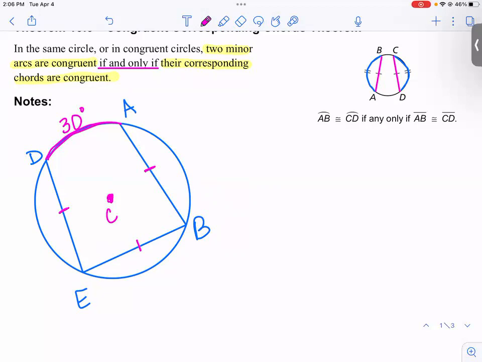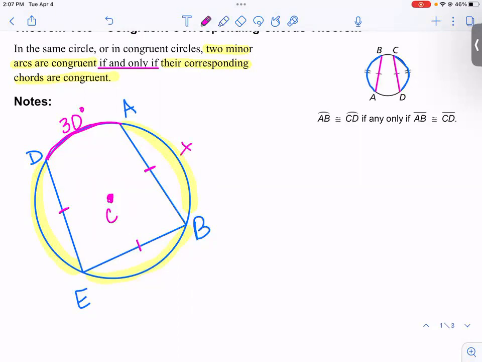Now, all of the arcs together add up to be what? 360 degrees. So I know that since these three segments are congruent, then these three arcs are congruent. So if I want to know their measurement, I don't know.